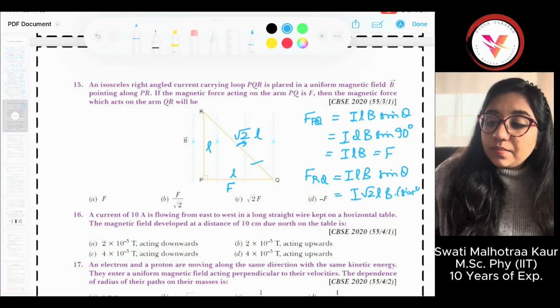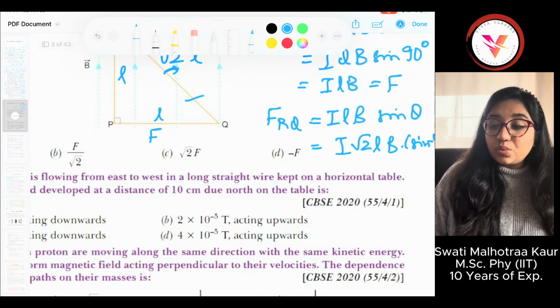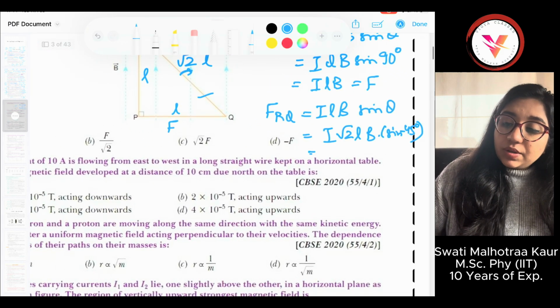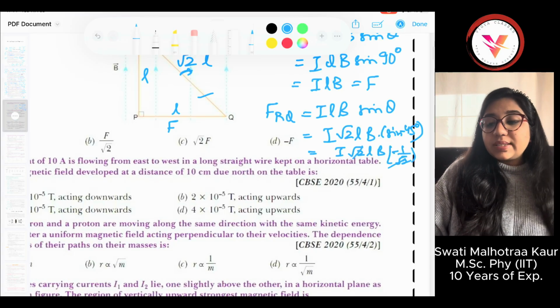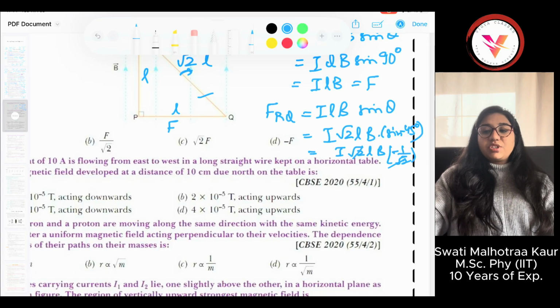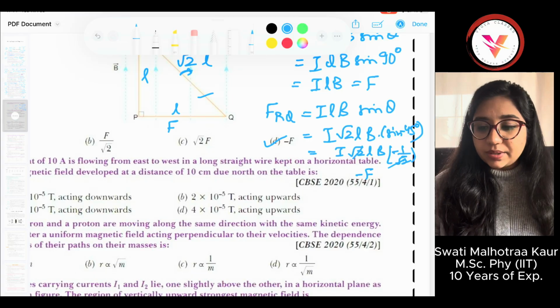So sine minus 45 degrees is minus 1 by root 2. So this will become I root 2 L B times minus 1 by root 2. Root 2 cancels, and it becomes minus ILB, which is F. So it is minus F. So D is the correct one.